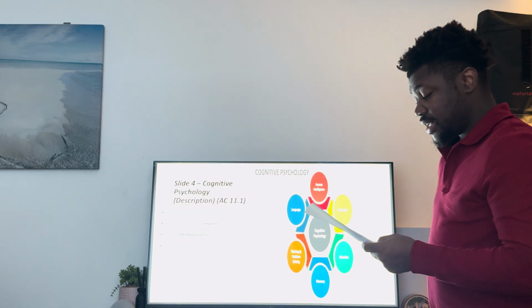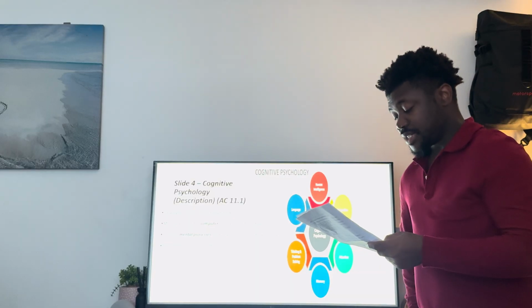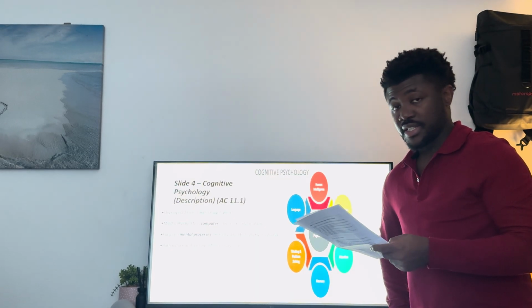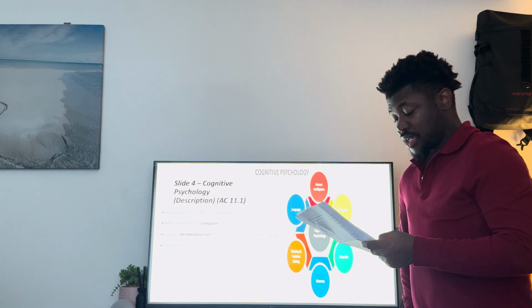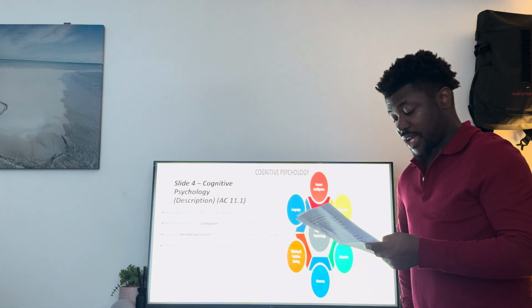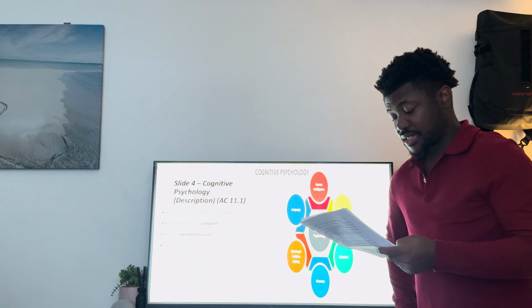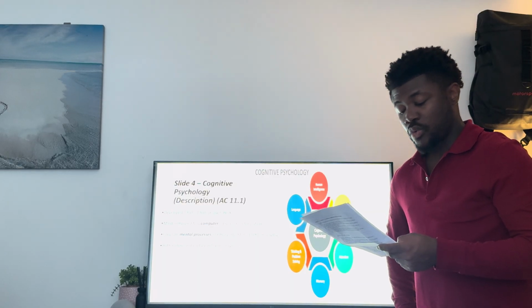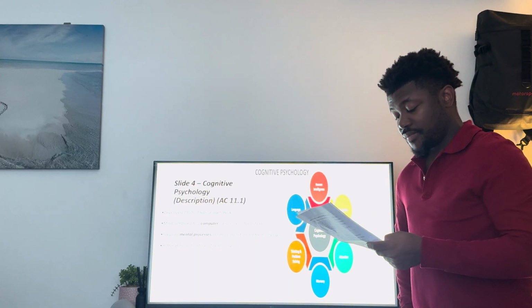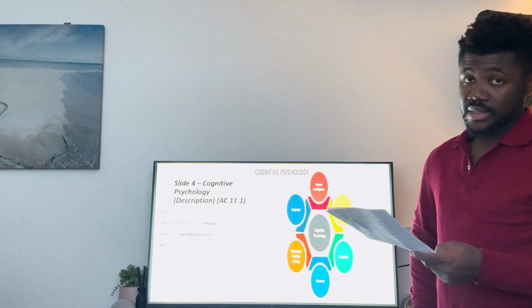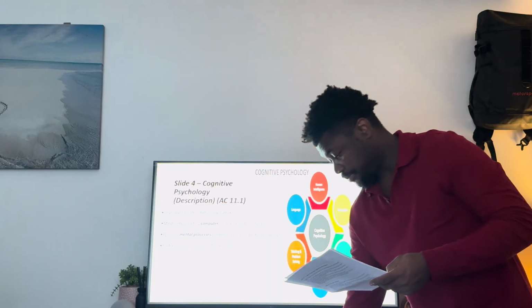Cognitive psychology studies functions such as perception, memory, problem solving, and decision making. This perspective recognizes that both biological and environmental factors influence how we think and behave, creating a more balanced approach than behaviorism.